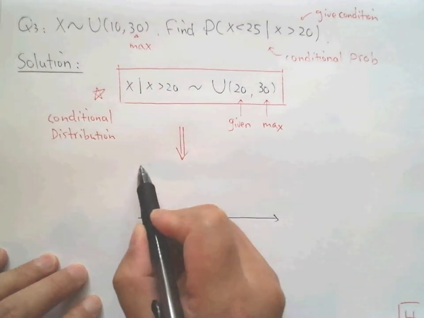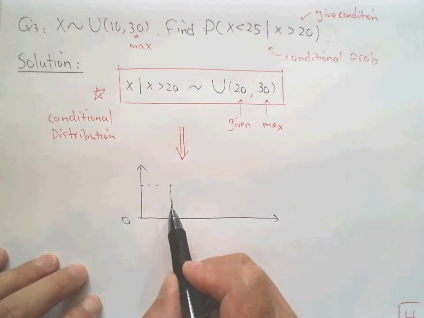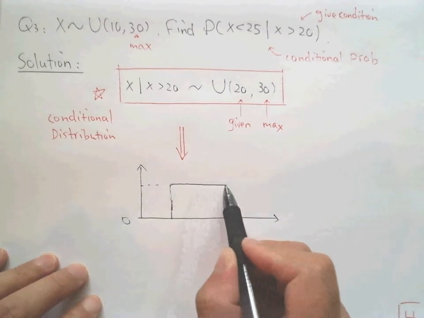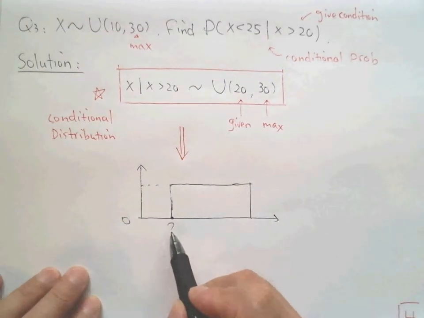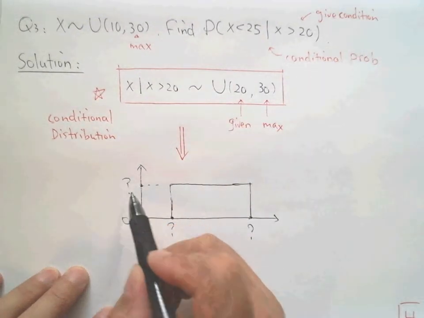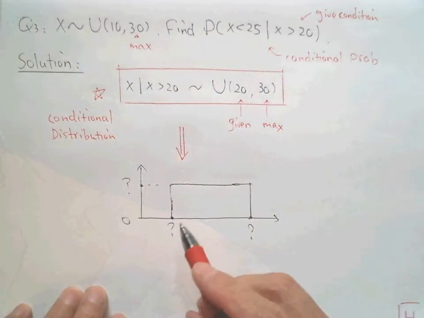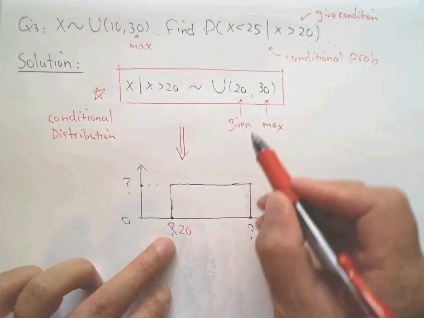Now it's the same as the last question we did. This is the left, this is the right. So what is the pointer for the distribution? What is the height? One by one. So now easy.